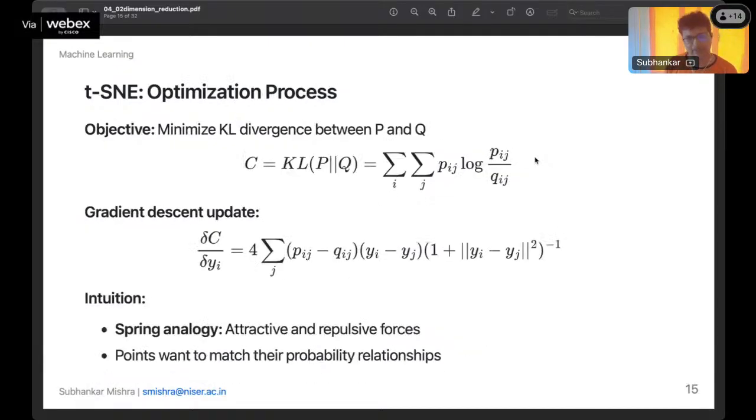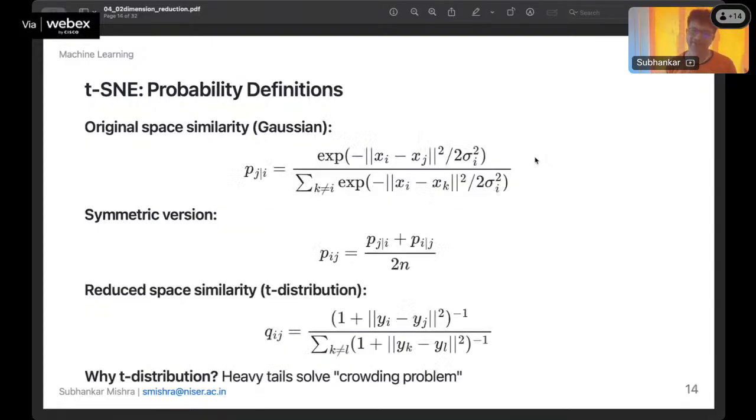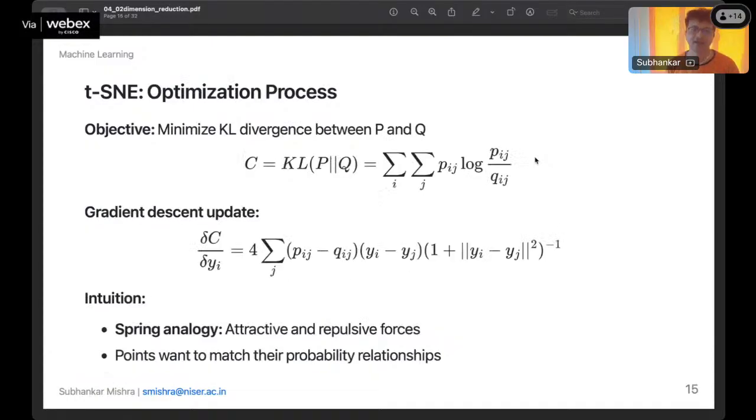Now that we have probabilities, there is a nice distance. If it is just points in Euclidean space, we can use xi minus xj squared. But if it is probability distributions, there are many other metrics.